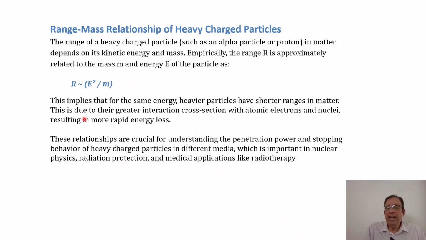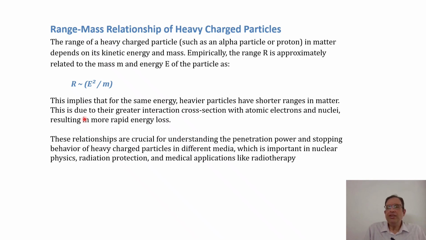These kinds of relationships are very crucial in understanding the interaction of heavy charged radiation with matter, because they give a feel for how the charged radiation is going to interact with matter, and what the dependence of the interaction would be on the properties of the radiation.